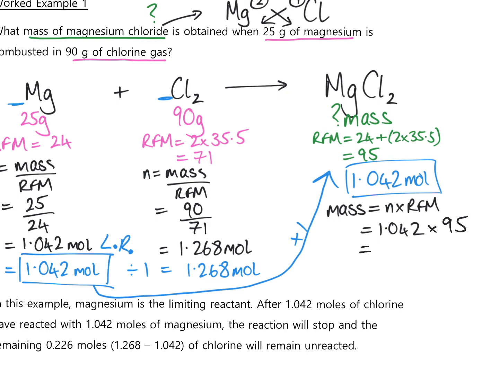And again, try and use the full number of that 1.042. So either you've maybe stored it from this part of the calculation, or put in again 25 divided by 24 from over here, and then times by 95, just to keep your answer as accurate as possible. I got that coming out then, rounded to 3 significant figures, or 1 decimal place, as 99.0 grams.